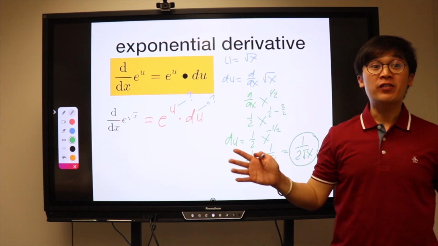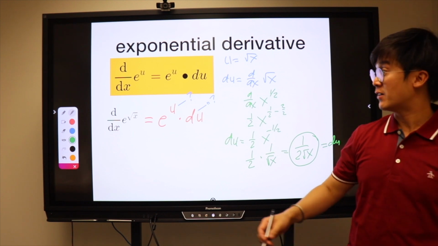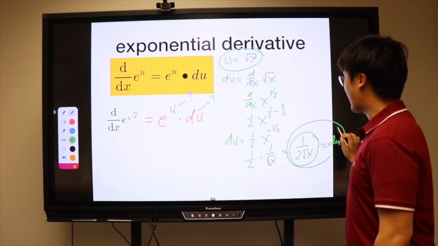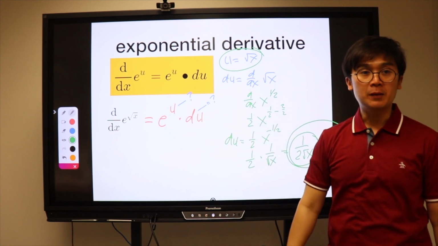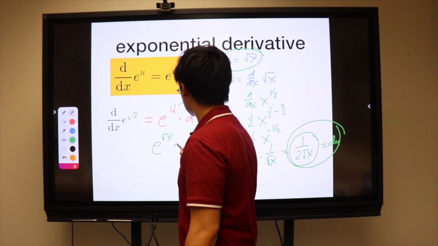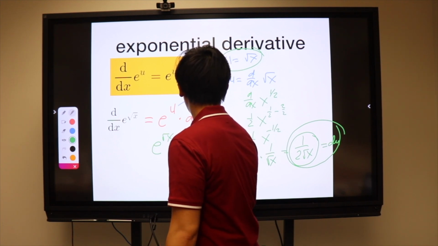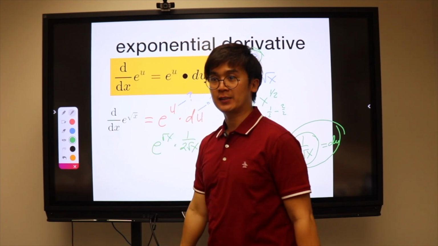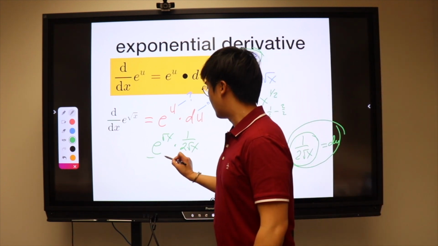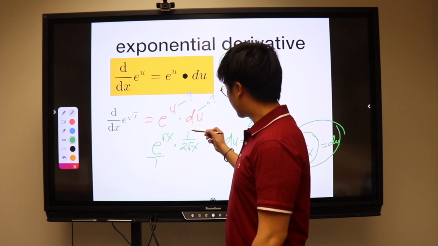So now that you have all the ingredients you need to find the derivative of e to the square root of x, which is your u and your du, just plug it back in and you're done. You'll have e to the square root of x times 1 all over 2 square root of x. Can you still make it prettier? Remember, this is over 1. And this is 1 over this.